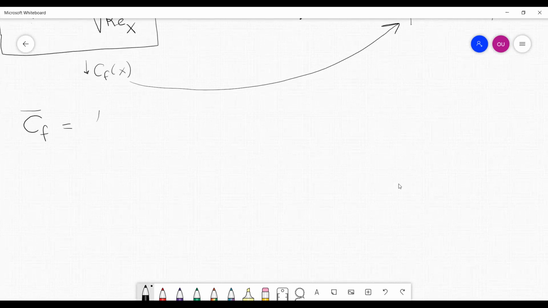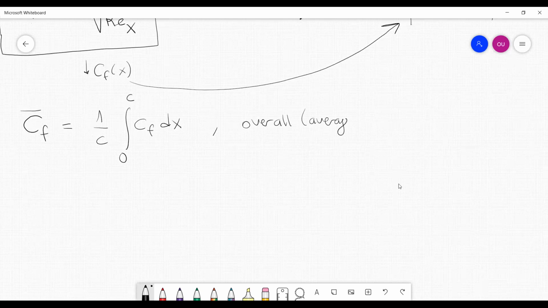This can be obtained by averaging, integrating from 0 to C of this CF distribution, and this can be called the overall or average skin friction coefficient.